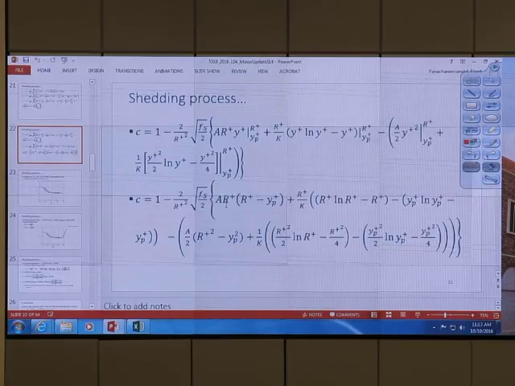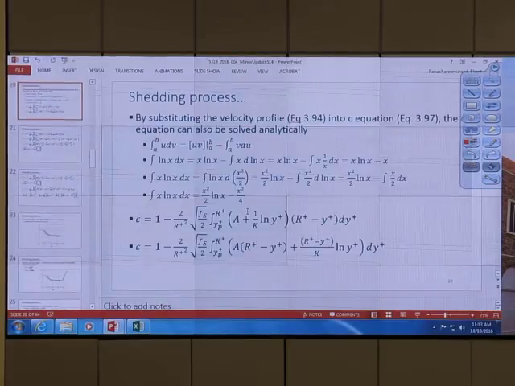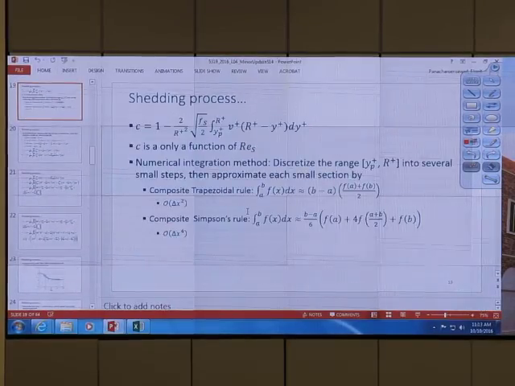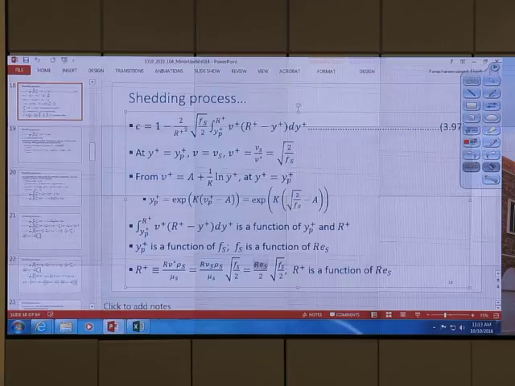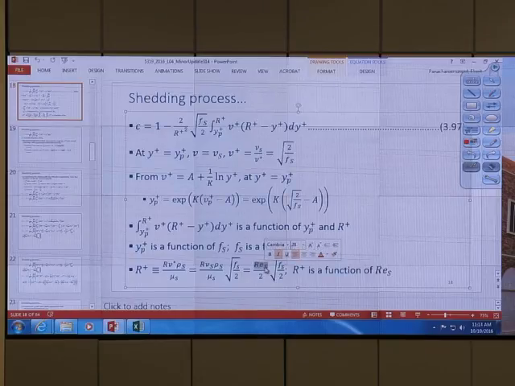R plus is calculated based on what? Does it take the Reynolds number? Seems to be yes, right? Your answer is yes. So it's Reynolds number over 2 multiplied by square root of f over 2. So it has something to do with the Reynolds number, right? So when your Reynolds number changes, R plus changes.